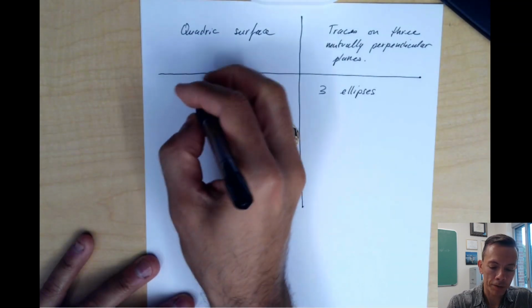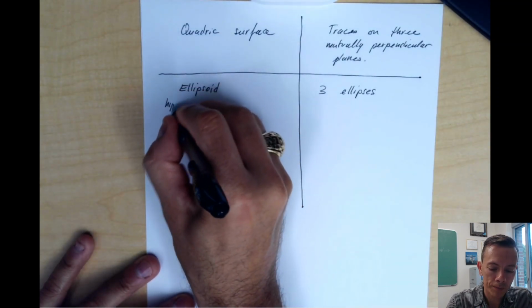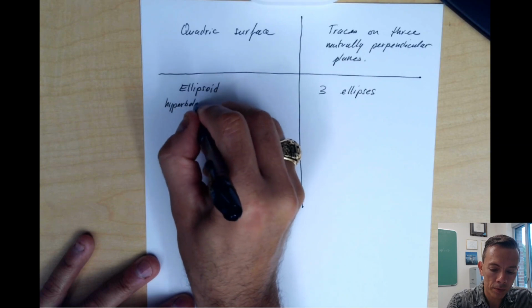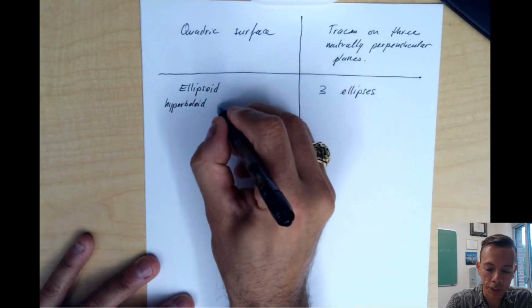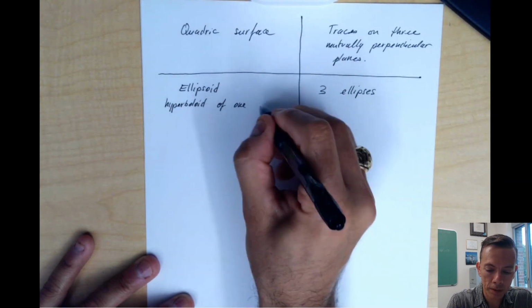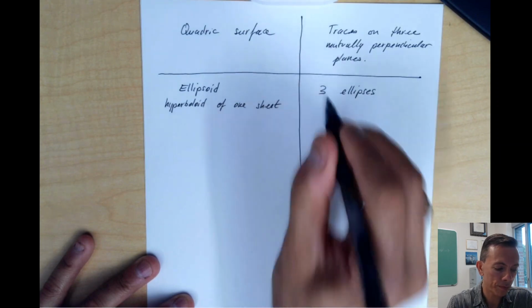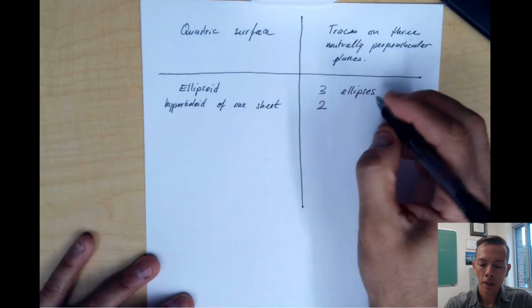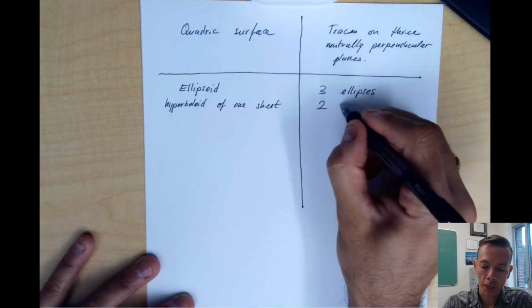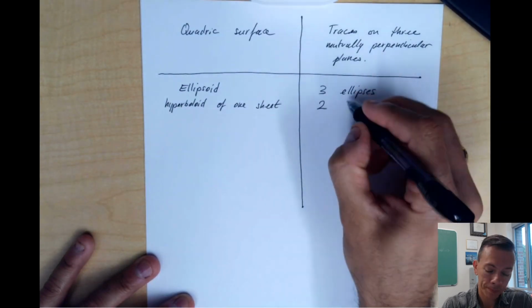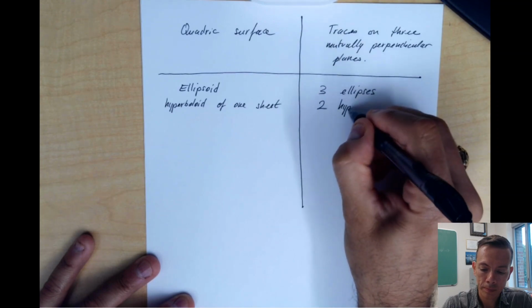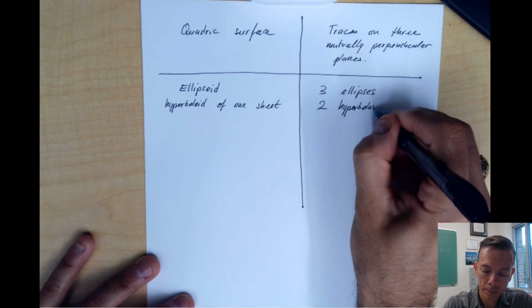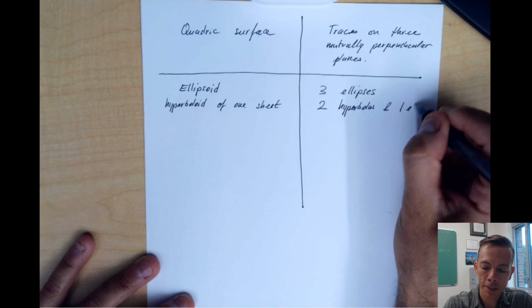If you have a hyperboloid of one sheet, you get two hyperbolas and one ellipse.